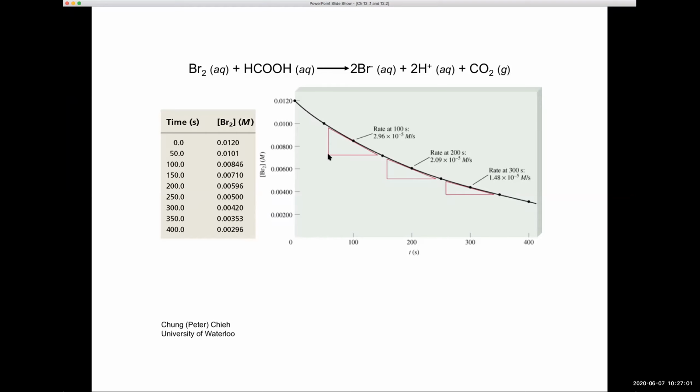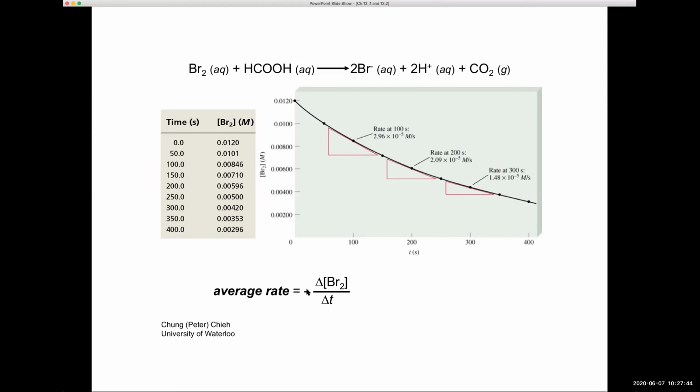And then the change in time, if you drop the vertical down to the time axis, would be something like 120 minus 50 seconds, or 60 seconds, something like that. So you could do it graphically. That's one way you can determine the rate, and another would be mathematically using an equation. One thing to notice is that the rates are always decreasing.